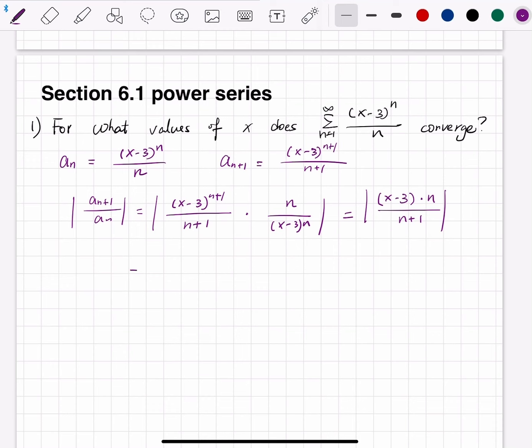I want to rewrite again by taking out the x minus 3 and having the n over n plus 1, but I do not like the n over n plus 1, so I'm going to rewrite it one more time to get it as 1 over 1 plus 1 over n.